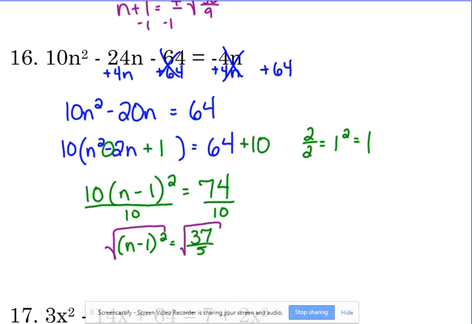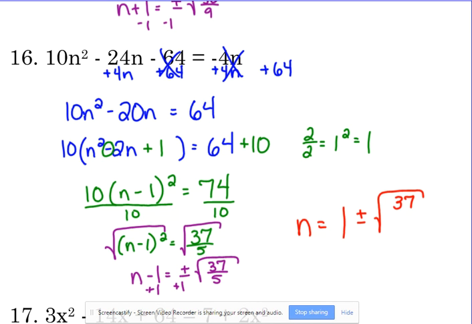Take the square root. n minus 1 is equal to plus or minus the square root of 37/5. And last step, add the 1. n is equal to 1 plus or minus the square root of 37/5.